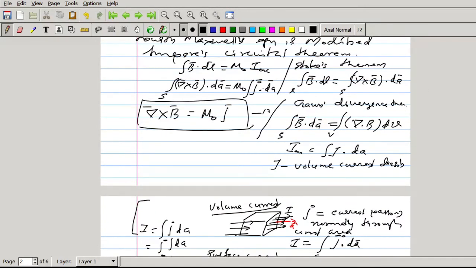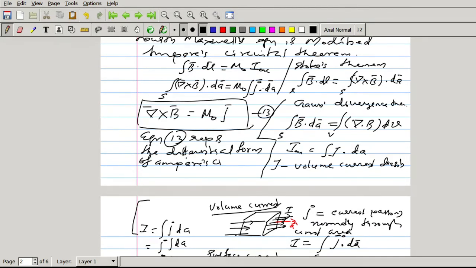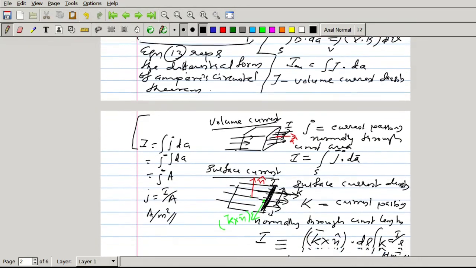Equation 13 represents the differential form of Ampere's circuital theorem.